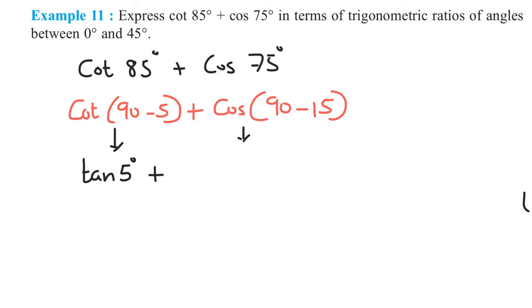It is sine A. So, can I write this as sine 15, because in this case A is 15 over here. So, have we changed or represented the angles 85 degrees and 75 degrees given in the question between angles 0 to 45 degrees? We have. So, this is how we answer such type of questions.